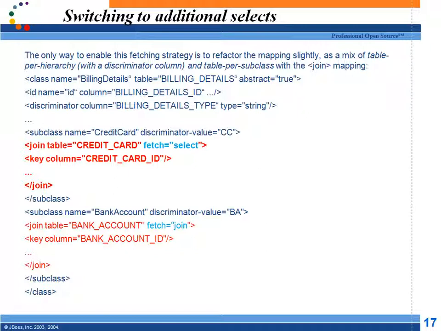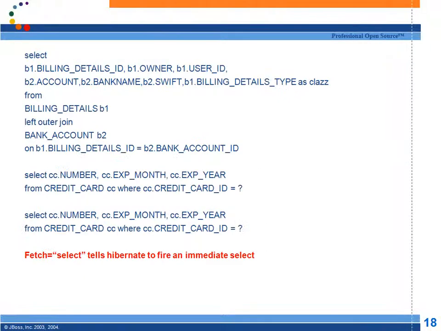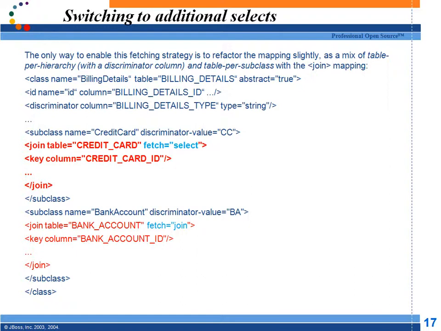See now how the queries are if I fire a select query. It is joining billing details and bank account, because I said fetch is equal to join there, but firing a separate select query for credit cards. So here you can reduce the fetch depth by using a combination of these two strategies.